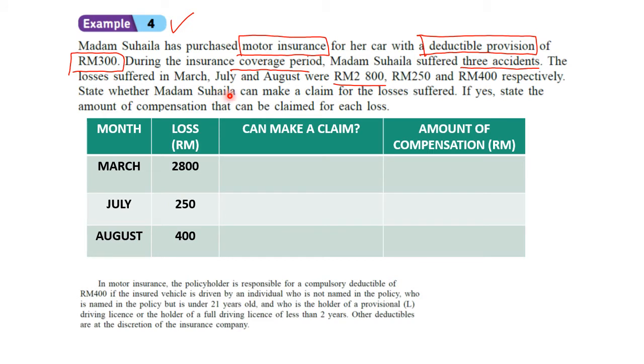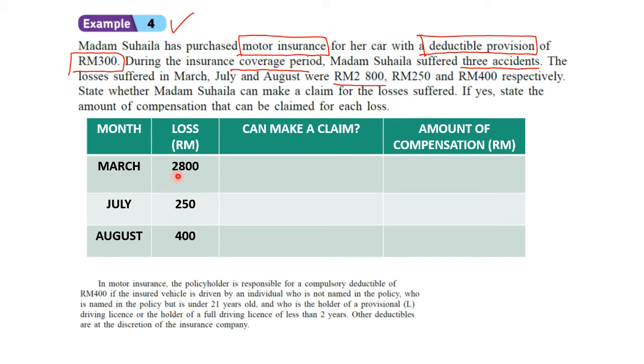State whether Madam Suhaila can make a claim for the losses suffered. If yes, state the amount of compensation, how much the insurance will pay, that can be claimed for each loss.